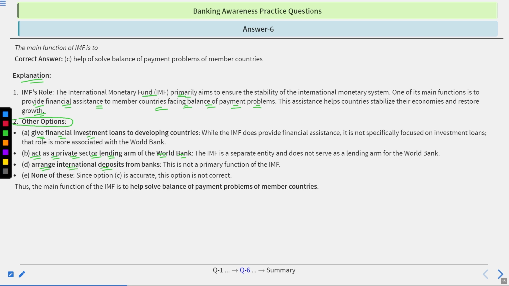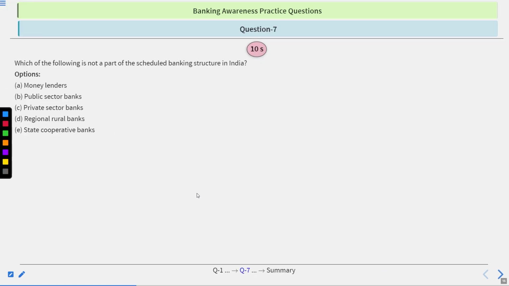Arrange international deposits from banks. This is not a primary function of the IMF. None of these: since option C is accurate, this option is automatically incorrect. Thus, the main function of the International Monetary Fund is to help solve balance of payment problems of the member countries.